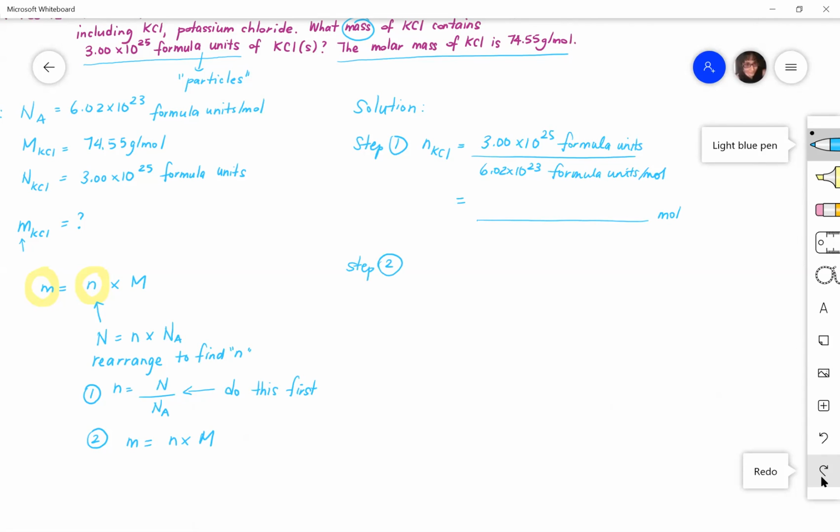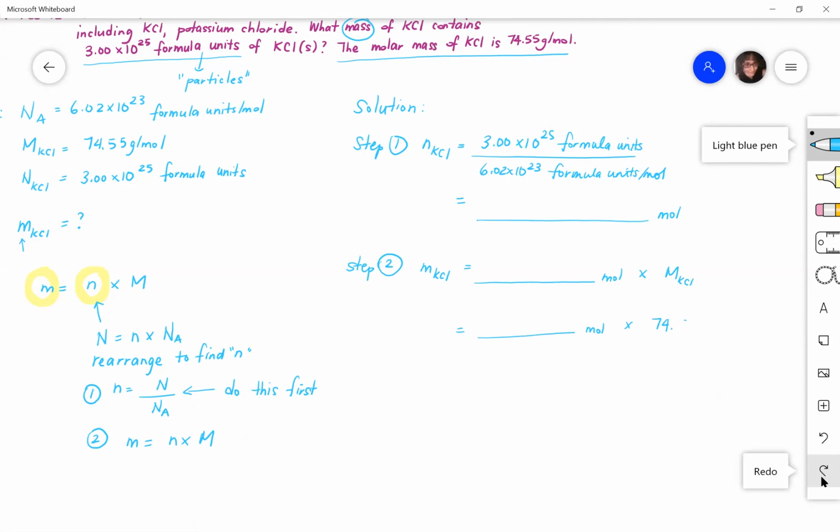Step 2 will involve calculating the mass of KCl based off of whatever number of moles you have here, multiplying that by your molar mass of KCl. Remember that you do have that information. We have that given to us.